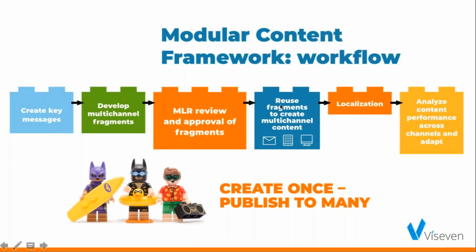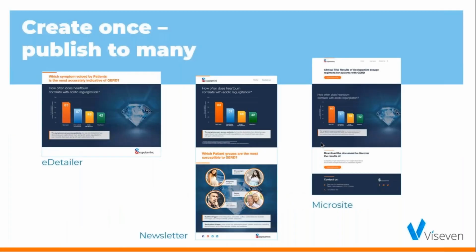And then when we assemble content within a channel, within a template, we use already approved modules. And here, of course, there can be some kind of formal content validation, but it's not as painful as the regular MLR process since the modules are already pre-approved. And in this way, we achieve the goal of create once and publish to many.